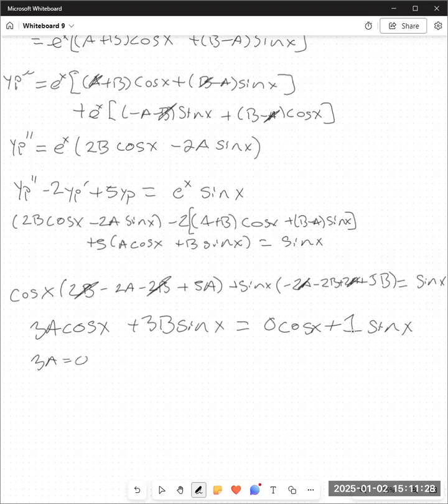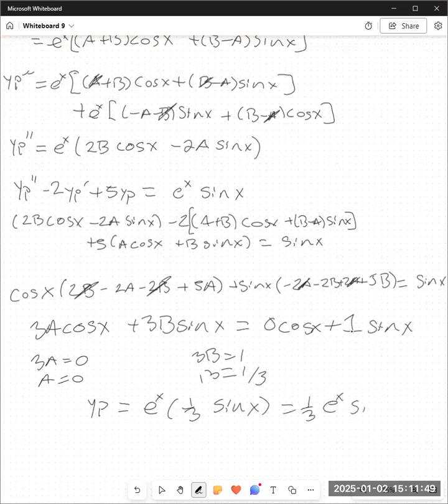Three a equals 0 and a equals 0. 3b equals 1, b equals 1/3. So my yp is equal to e to the x times 1/3 sine x, which is equal to 1/3 e to the x sine x.